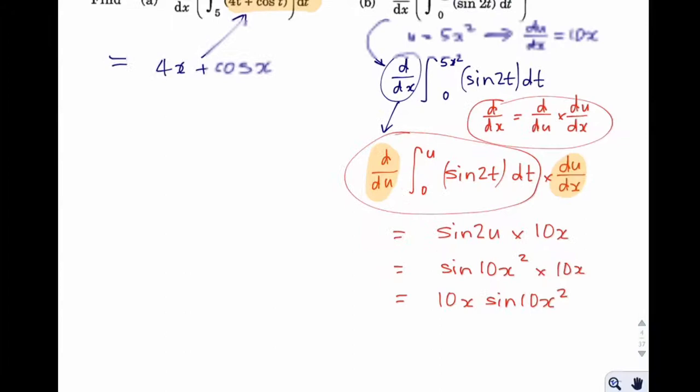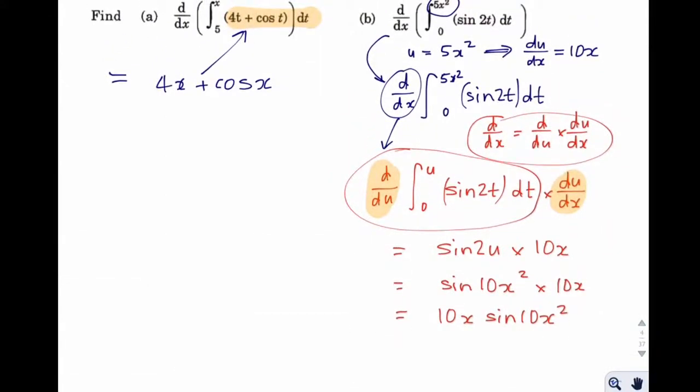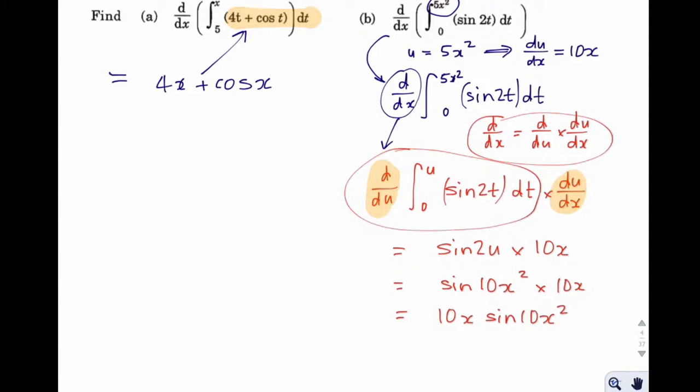Now if I wanted to do this the long way, let me show you the long way for this question, just to convince you that this will actually work. If I did the integral of sine of 2t with respect to t, the derivative of sine is cos, the integral of cos is sine, so the integral of sine is actually negative cos, so I'd get negative a half cos 2t. And this is between 5x squared and 0, and we want the derivative with respect to x of all of this.